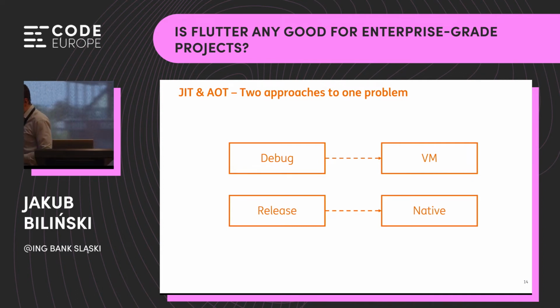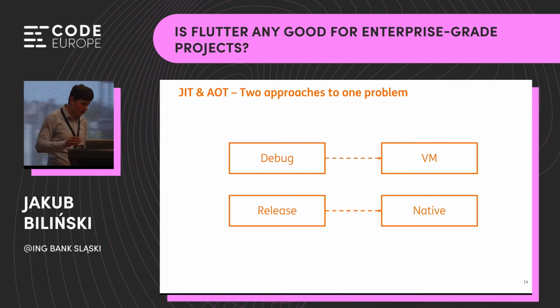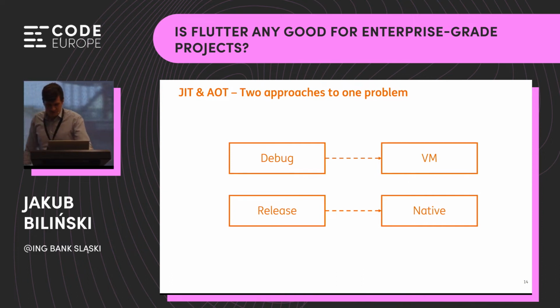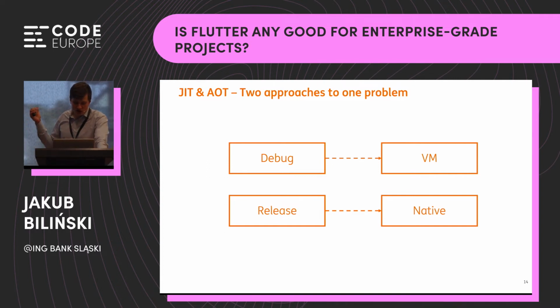I know most of you use virtual machines, like in Java or other technologies, but it has some problems, and one of them is performance. I would say the bigger the virtual machine, the better it is, but the performance is compromised. And that's why Flutter uses a virtual machine only in debug, and in release mode, it compiles to native code, to the proper CPU architecture.